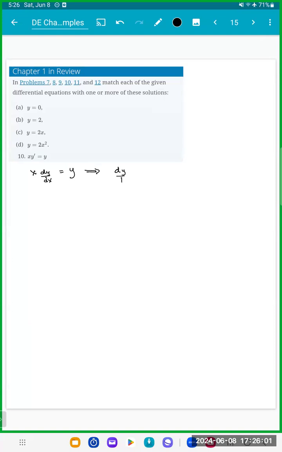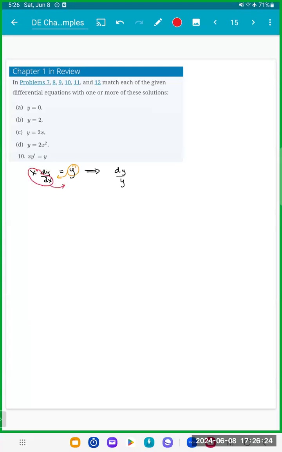So we have dy, y. All we're doing in this case is moving this to this side, and moving these to that side.